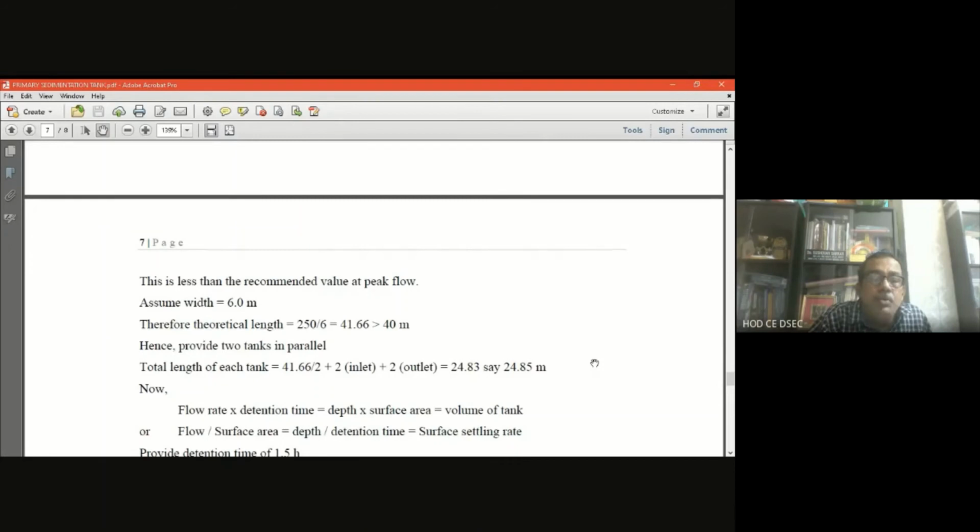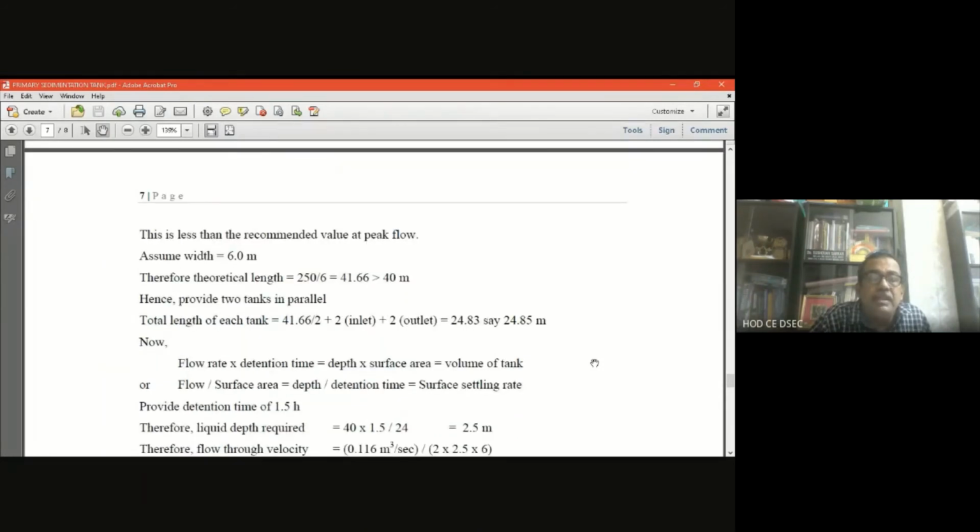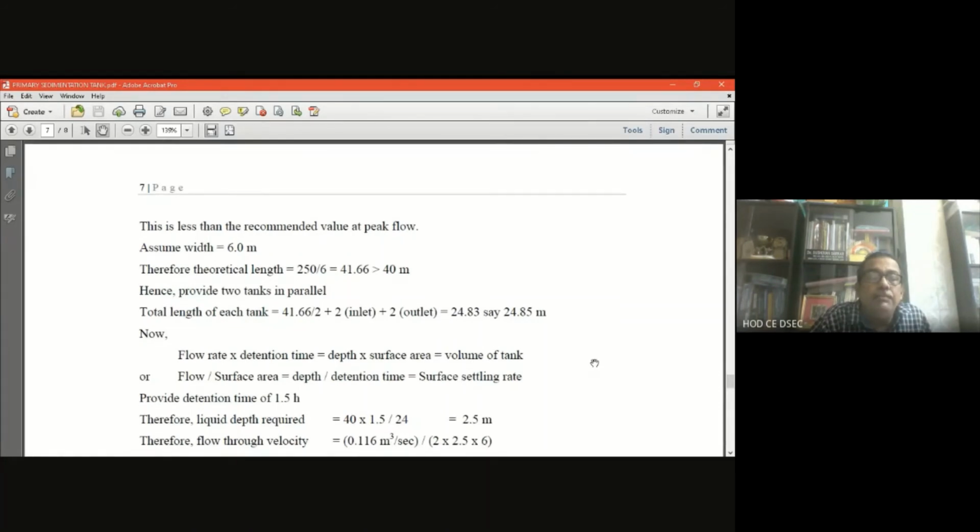Now you assume the width as 6 meter, and therefore the theoretical length is 41.6 meter. Generally, it should not be more than 40 meter. Since it is greater than 40 meter, you divide it into two parallel tanks, because generally for maintenance purposes you have to maintain two parallel tanks.